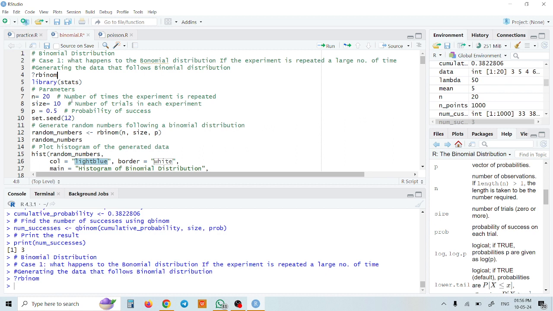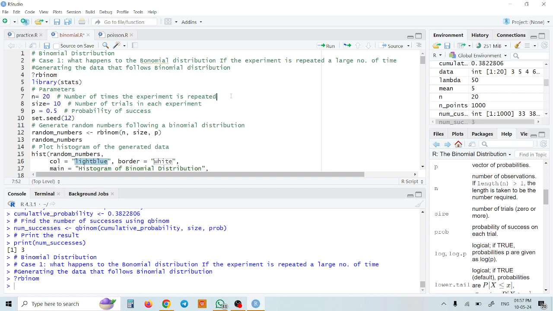Initially we will take n. What is n? n is the number of times the experiment is repeated. For example, if you are tossing a coin and you toss a coin 10 times at once, we will take it as one experiment.